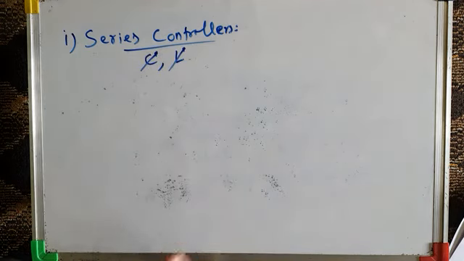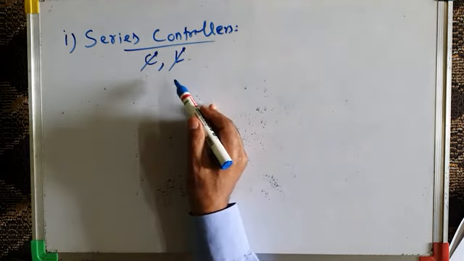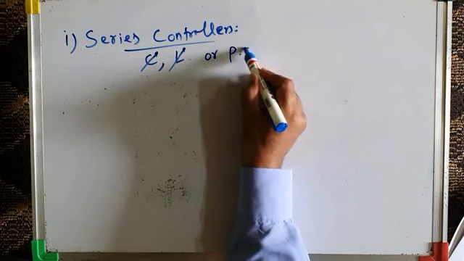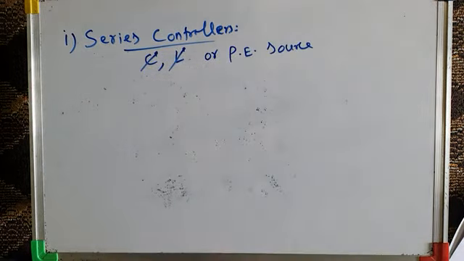I mean, when you connect a FACTS controller, it behaves as a variable impedance, that is either variable capacitance or variable inductance in series with the line, or it also may behave as a power electronic source at either mains frequency or subsynchronous frequency or harmonic frequency as desired by your application.